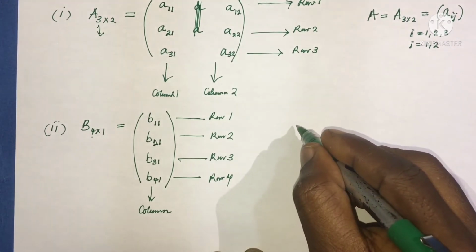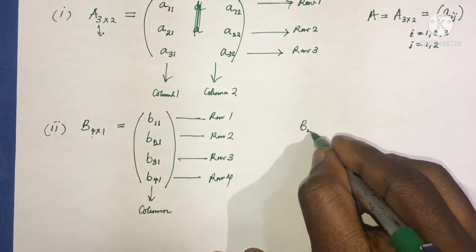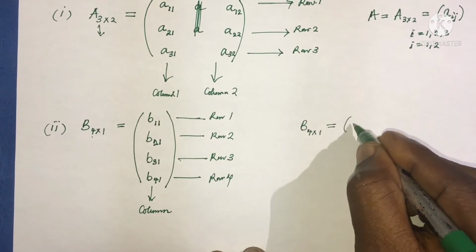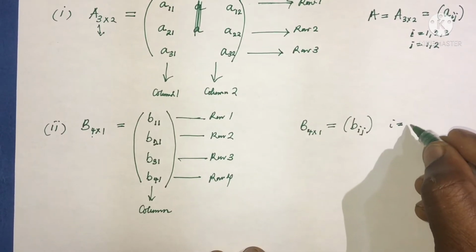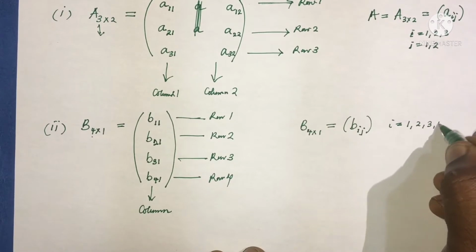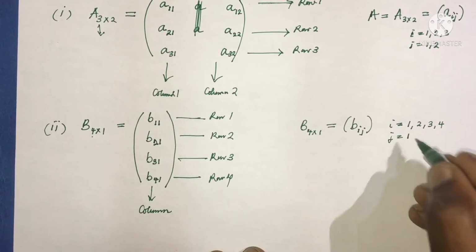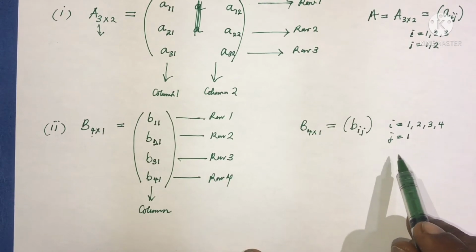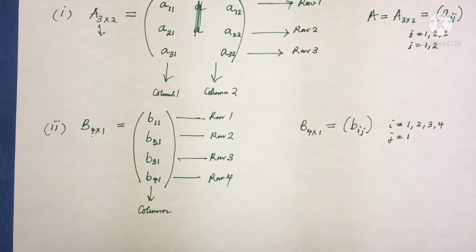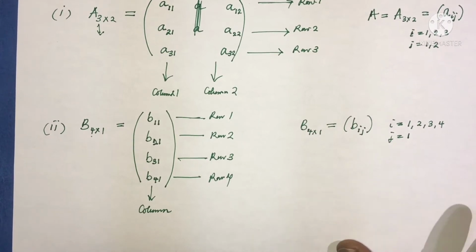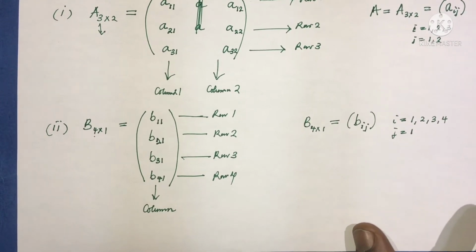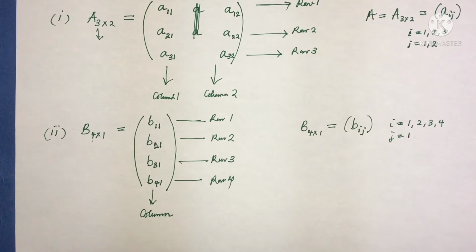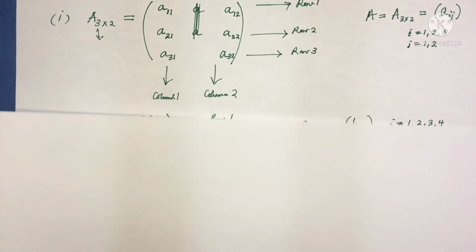The corresponding shorthand notation of this matrix is B 4 by 1 equals small b ij, where i takes values from 1, 2, 3 to 4, and j is just 1, meaning that there are 4 rows and just 1 column. I hope you understand that. You should be able, at the end of this video, to write the abstract or general matrix either in its expanded form or shorthand form.